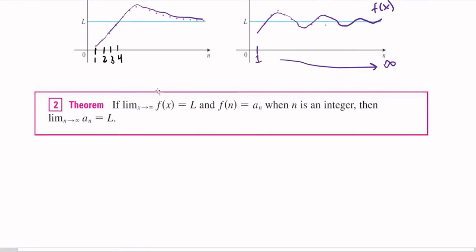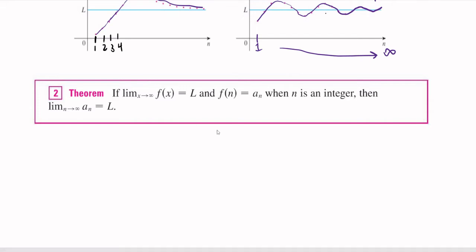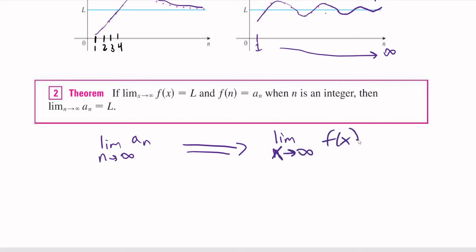So why is this so powerful? Well, this is so powerful because this allows this question, which we're maybe a little unsure how to figure out, to be transformed into this question: the limit as x goes to infinity of f of x. And over here in this question, I've got my calculus tools.